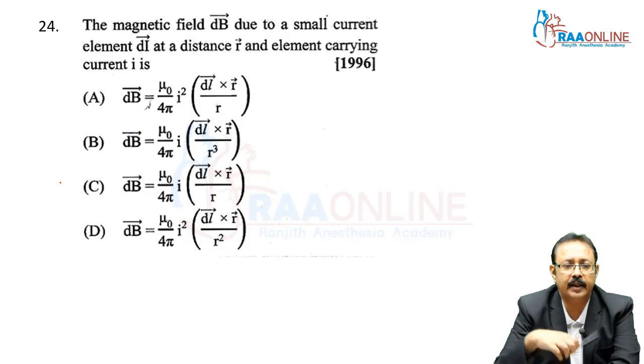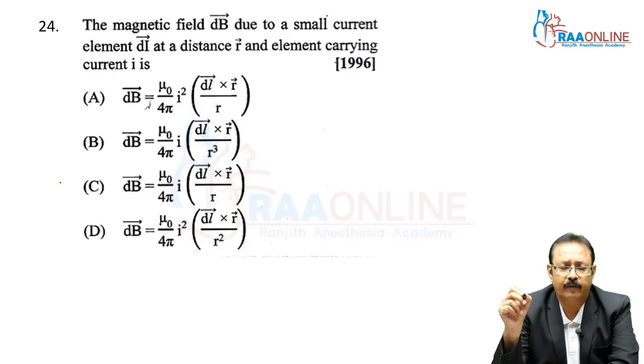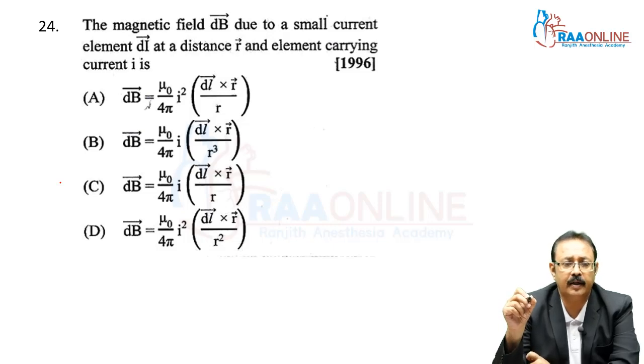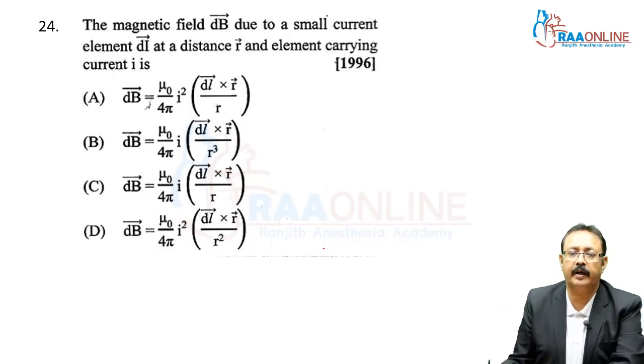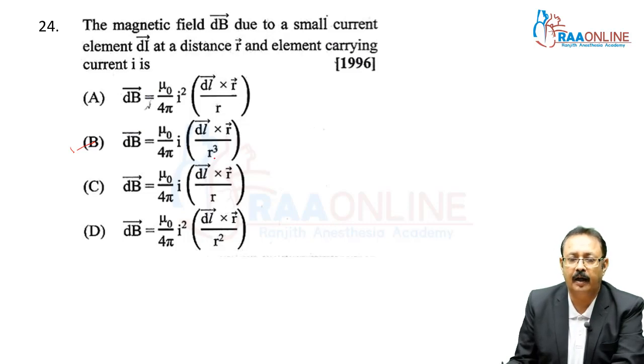So dl sin theta means dl cross r. For direction, if you are using r, we have to multiply numerator and denominator by r, so it will become r cube. So we are going with B, because when you write dl, it is r sin theta, r will cancel one r, so dl sin theta upon r square.